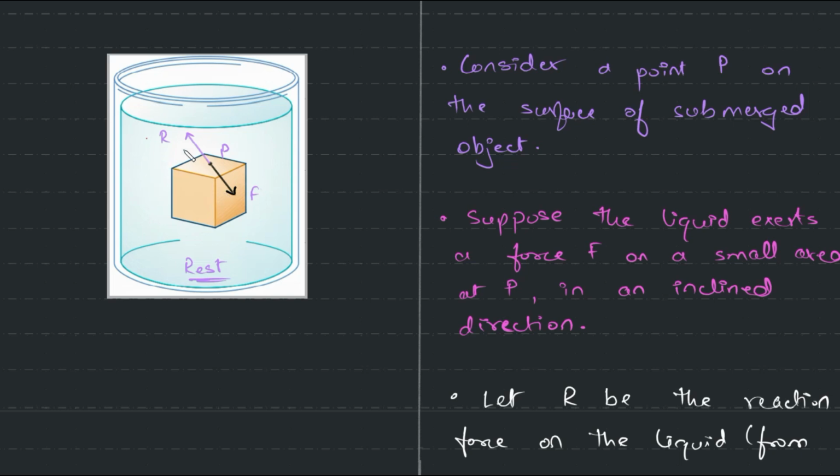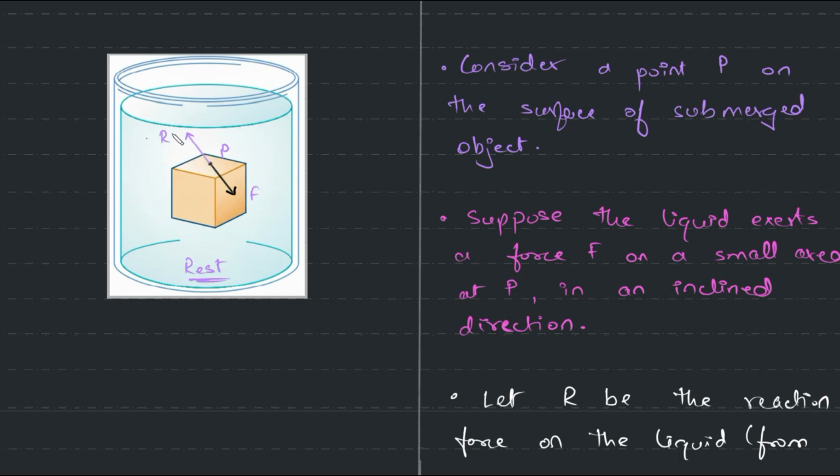Now what happens? Well, we'll assume that the liquid is acting at an angle which is non-perpendicular to the surface, with a force of F. With that assumption, what happens if I have something acting on an object? If it's not moving, it means it's at equilibrium, it is exerting an equal and opposite force as well.